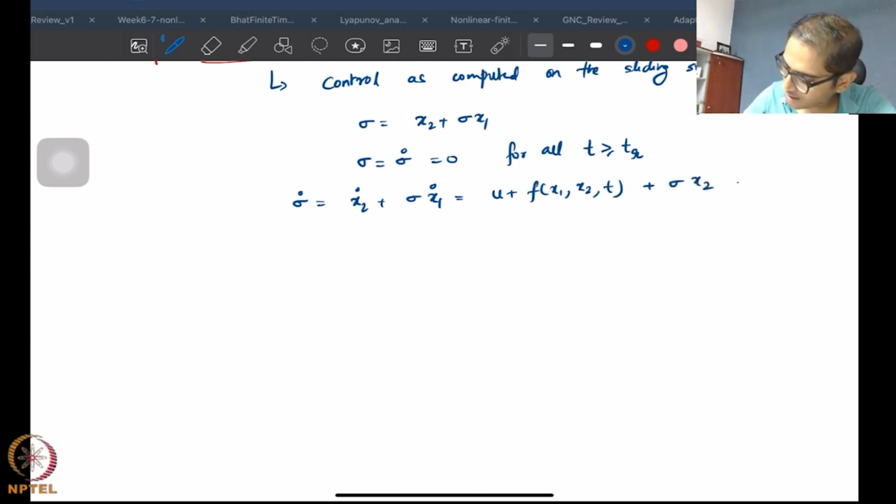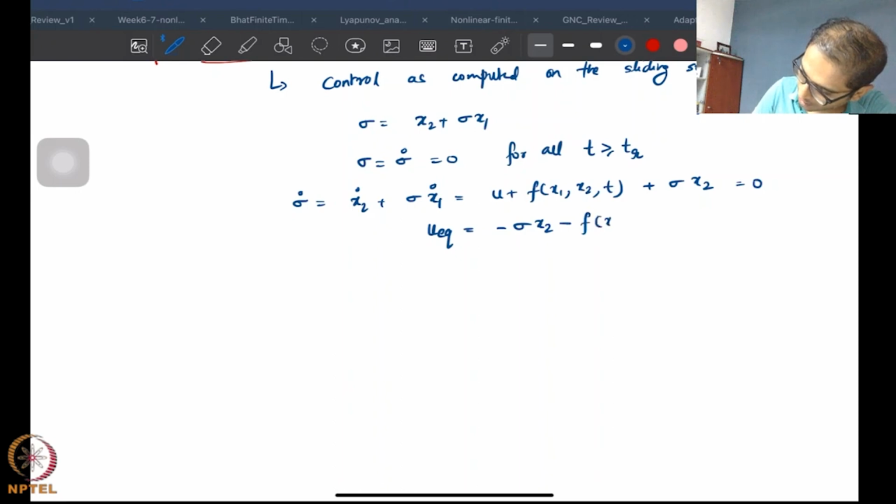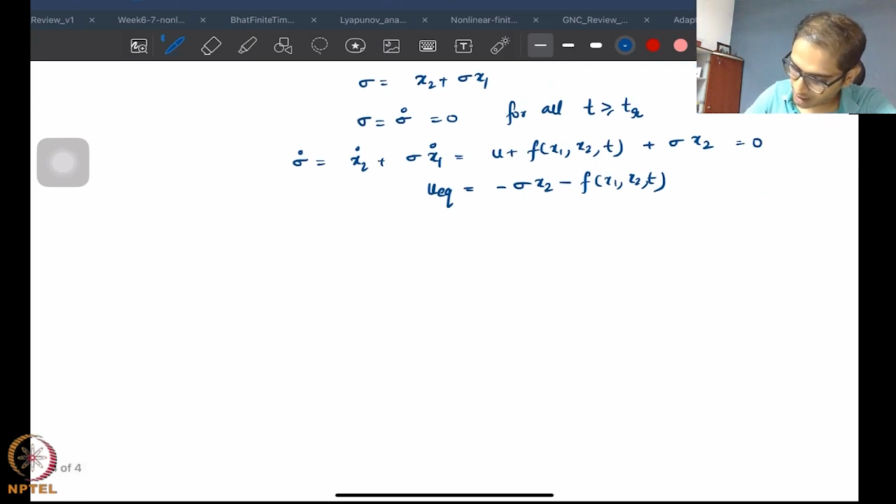If we say that this is exactly equal to 0, since we are on the sliding surface, then the control you compute out of this is u equivalent, which is minus sigma x2 minus f(x1, x2, t). Okay, so this is what is called the equivalent control.